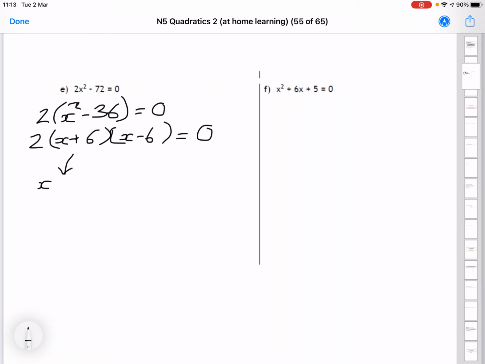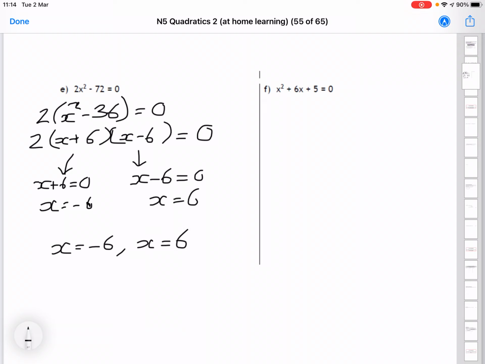So we've got x plus 6 equals 0 for our first solution, and x minus 6 equals 0 for our second solution. So the first one, we would take away 6 from both sides, so we get x equals minus 6. The second one, we would add 6 to both sides, so we would get x equals 6. So your two solutions are x equals minus 6 and x equals 6.